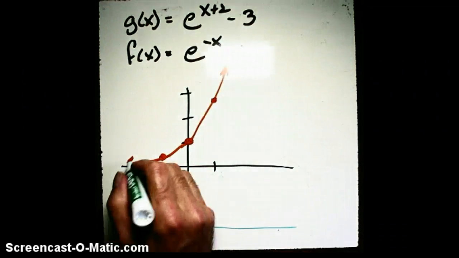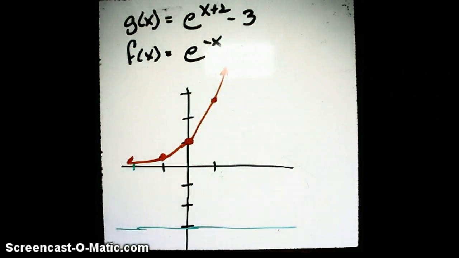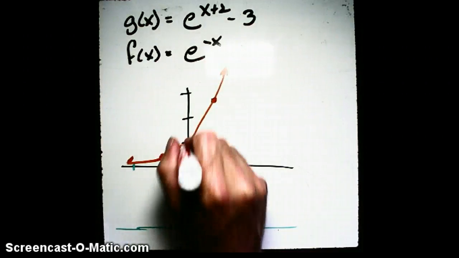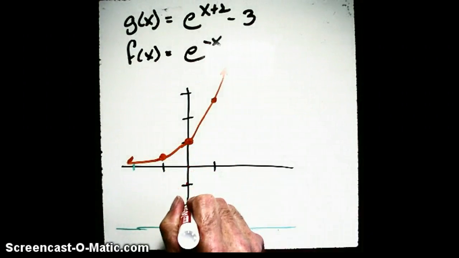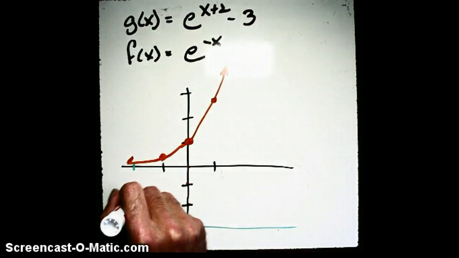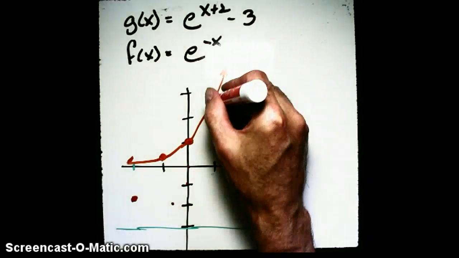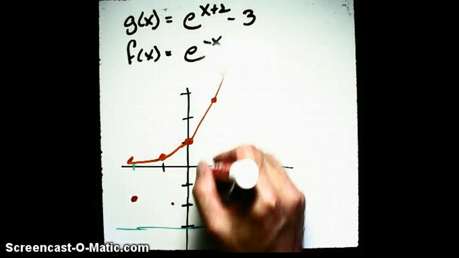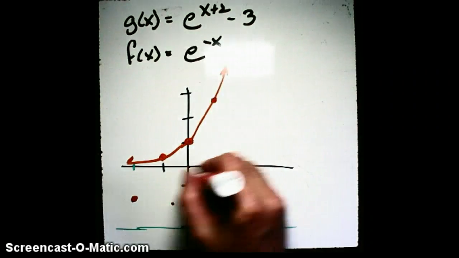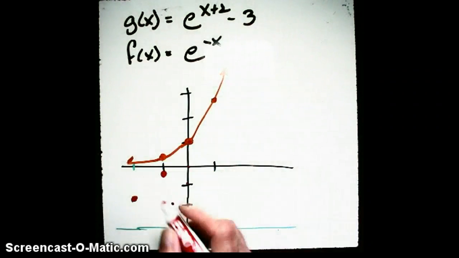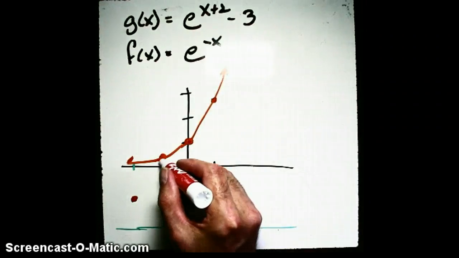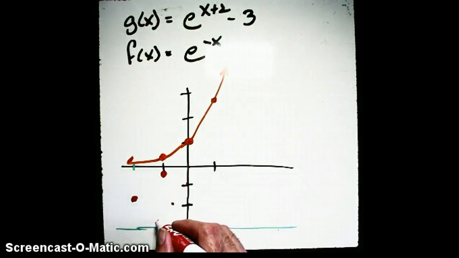I should put another mark here, okay? So could I do that? Yes, I should be able to do that. I'm going to go down 3: 1, 2, 3, to the left 2: 1, 2. Down 3: 1, 2, 3, to the left 2: 1, 2. And I'll do this one also. Down 1, 2, 3, to the left 2.